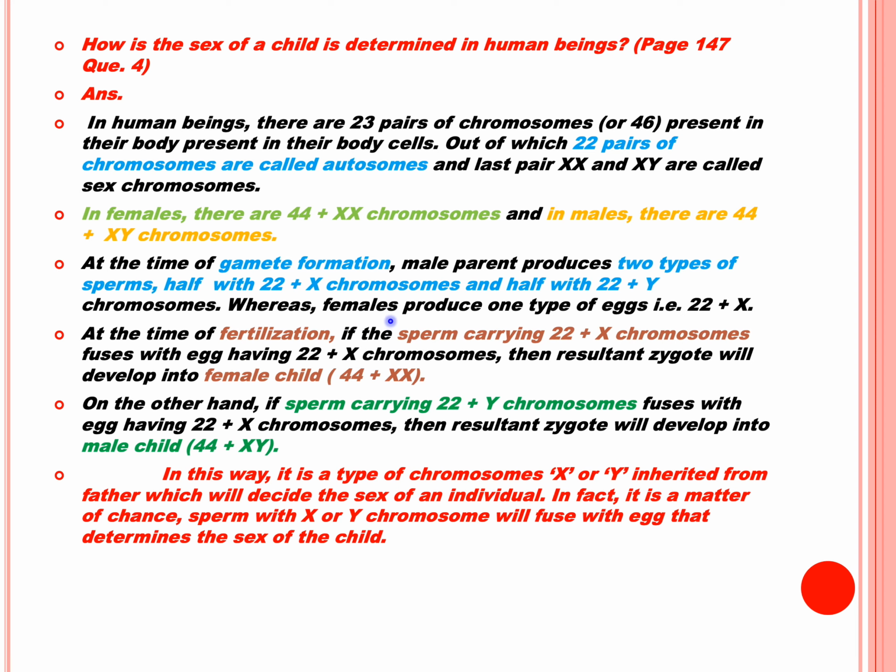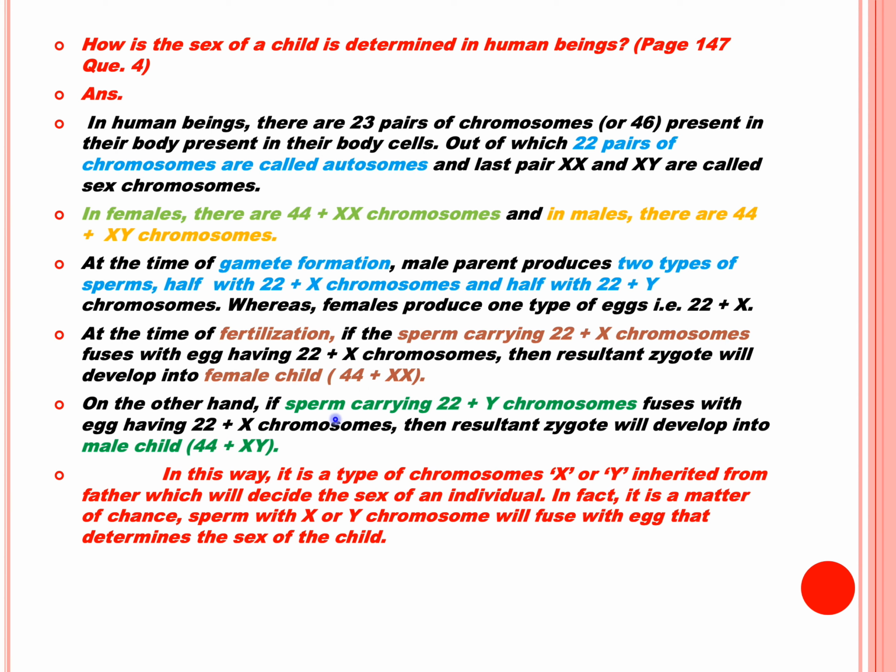Whereas in females, one type of egg with genotype 22 plus X is formed. At the time of fertilization, if the sperm carrying 22 plus X chromosomes fuses with the egg having 22 plus X chromosomes, then the resultant zygote will develop into a female child with genotype 44 plus XX chromosomes.